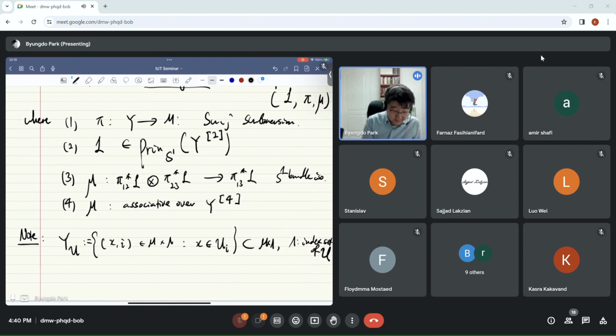So then this thing, slightly different, but it looks like an open cover. If we take pi, this is a surjective submersion.